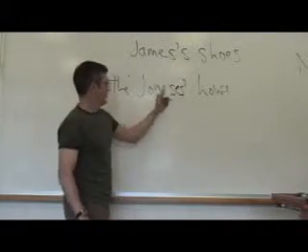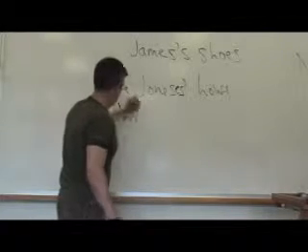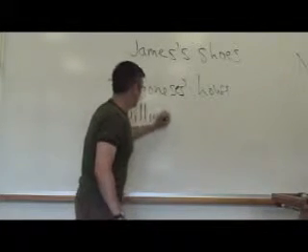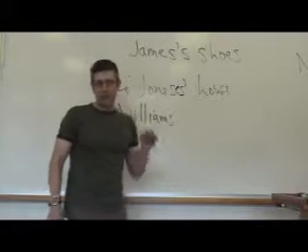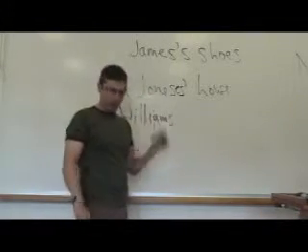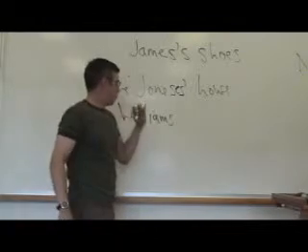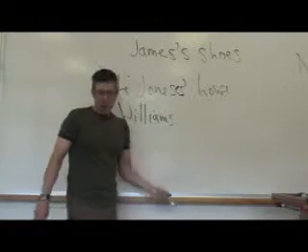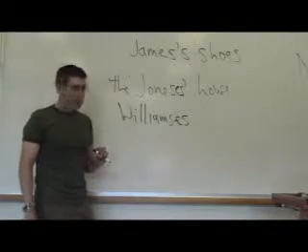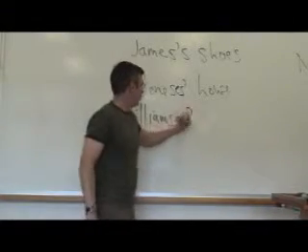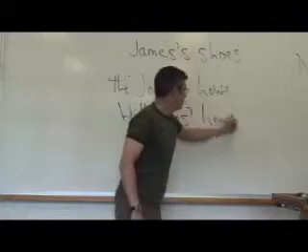The Joneses' house. Or suppose the name is Williams. You know, John Williams, Martin Williams, Mary Williams, and so forth. Well, if you've got more than one Williams, what have you got? You've got Williamses, right? So the Williamses' house.